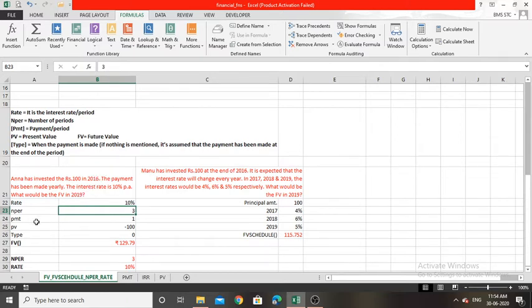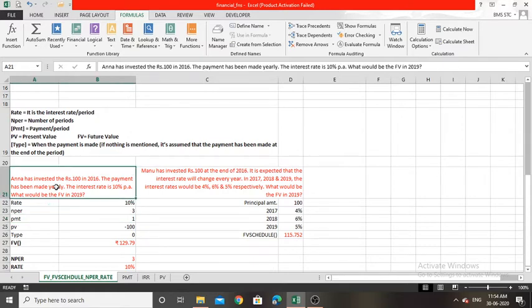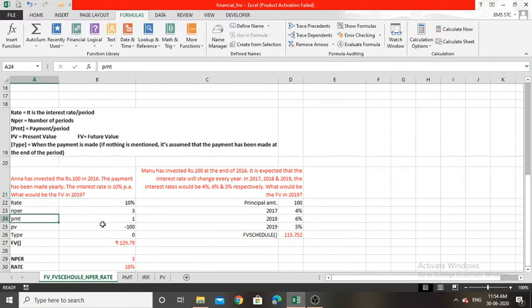So PMT is equal to 1. Why 1? Because it is a yearly payment. The payment has been made yearly, that's why PMT is 1. Then PV, which was 100. PV is the cash that we are going to invest, so it is represented as a negative number.